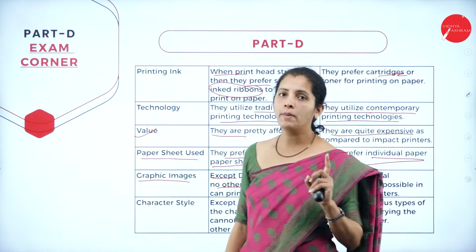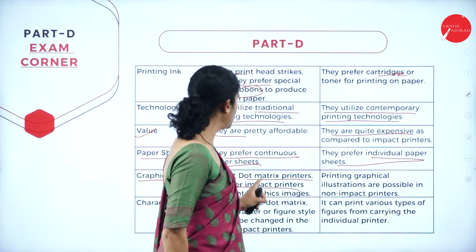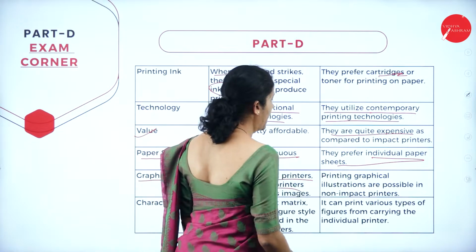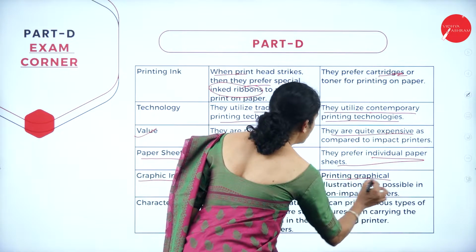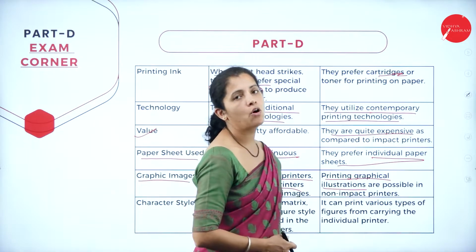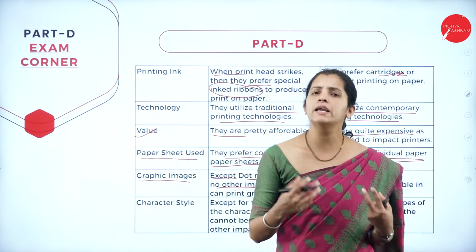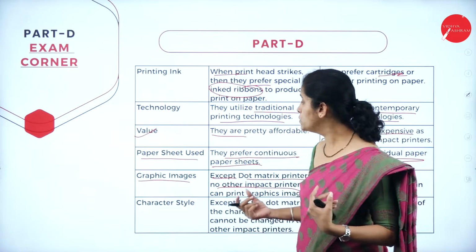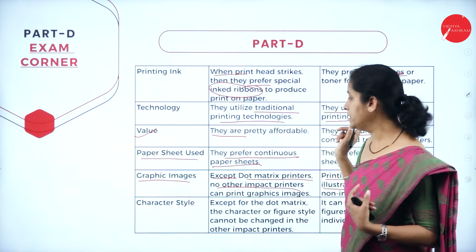So only dot matrix printers are able to print graphics. But in non-impact printers, printing graphical illustrations is possible. That means any kind of printing can be done using a non-impact printer.